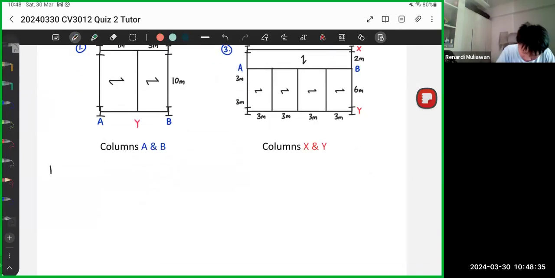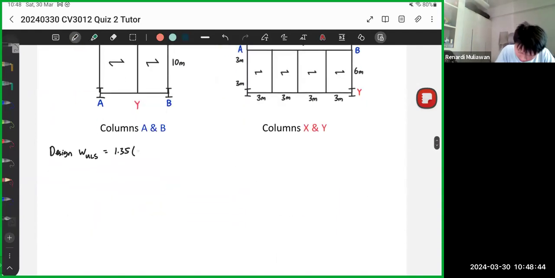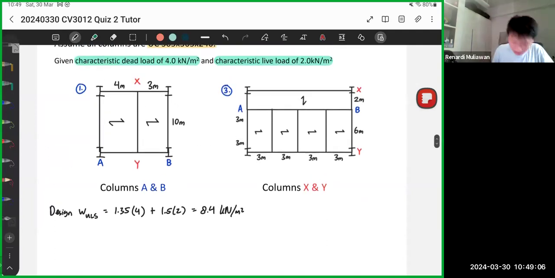So the design loading, WULS, is 1.35 multiplied by 4 plus 1.5 multiplied by 2. This one should be 8.8 because I didn't change the question. But let me double check with the calculator. So 1.35 times 4, 1.5 times 2. Oh, it's 8.4. Okay, oops. So now we have the design loading.